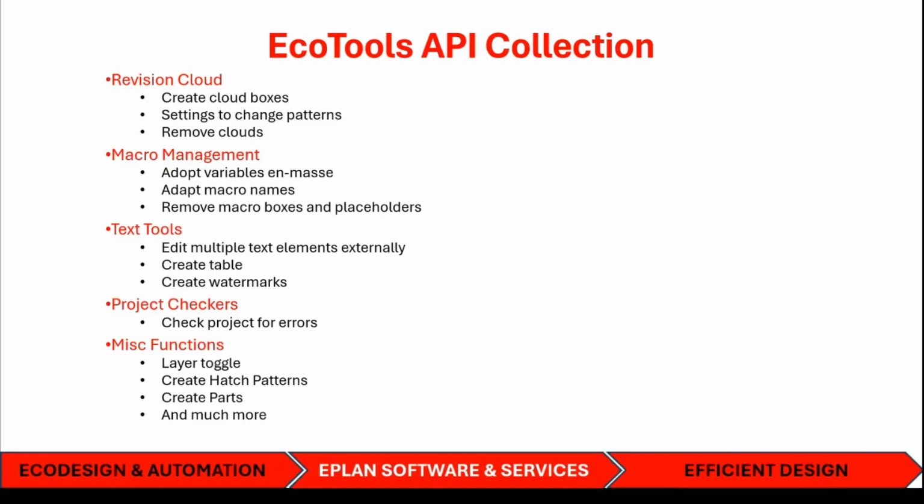The macro management is an app that allows you to create window macros or page macros very fast: key in the macro name, adopt the variables. The text tools allow us to manipulate text elements, like export texts to Excel, import them back, create tables, and create watermarks.